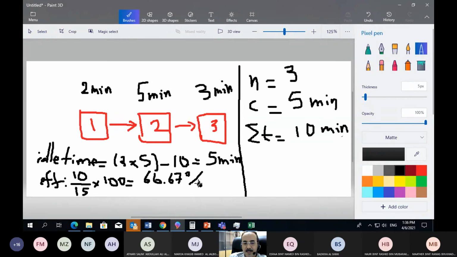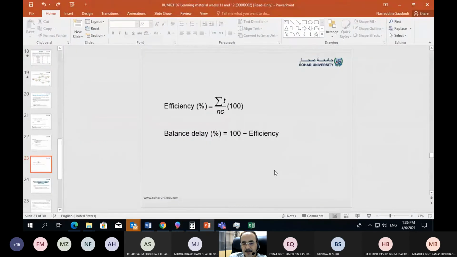This is the utilization. This system will be used 67%. The balance delay will be 100 minus 66.67. That's what these things mean.